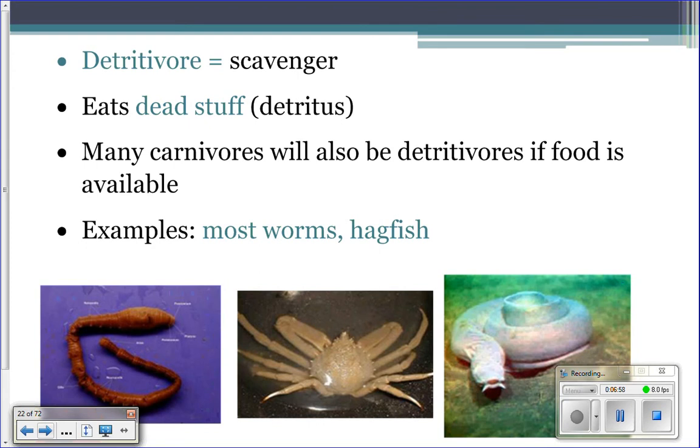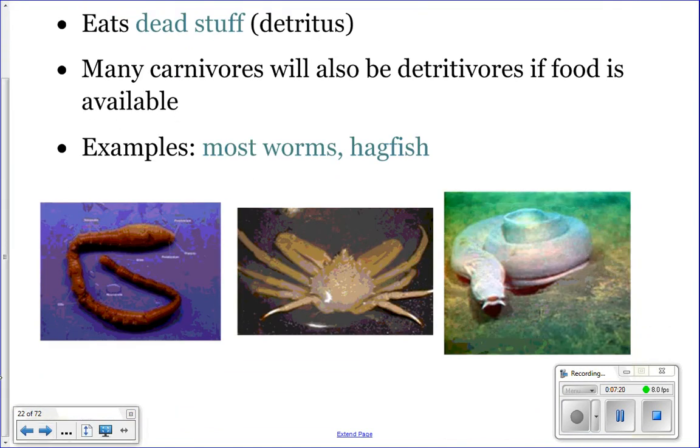Lots of carnivores that would normally hunt and kill things, if the opportunity presents itself and there's something dead, they'll eat that too. So they'll be a carnivore, but if it's easy food, then they'll be a scavenger, a detritivore. Some examples are worms, eating the dead stuff out of the dirt.